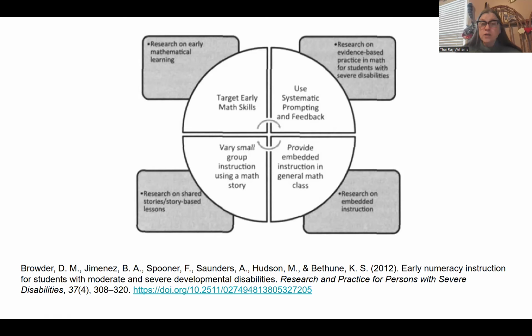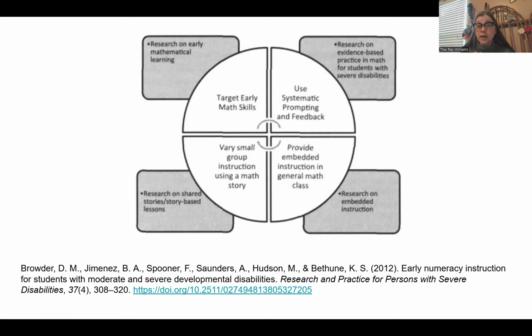Yes, they could. So making sure that we are embedding instruction in our general math classes or in our grade level standards. So if we are working on a ninth grade standard, and our student may not be able to do the whole standard, first of all, we're lucky because we have the EEs and we can look at something like the precursor level.